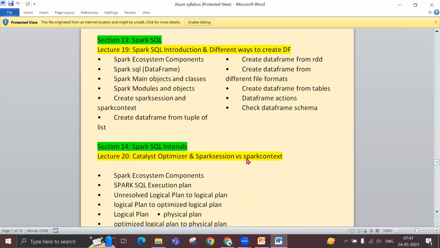How to write data frames using SQL when you're dealing with relational data. So you need SQL over there. So what are the different APIs available to support this? So all the stuff we are going to discuss.